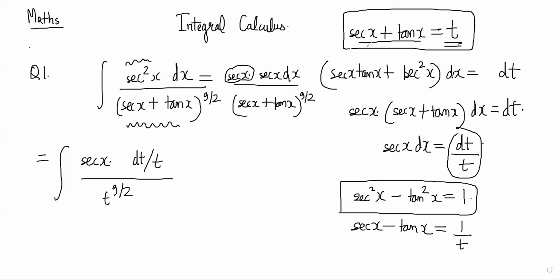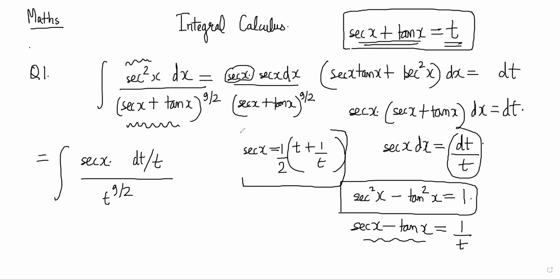So if sec x plus tan x is t and sec x minus tan x is 1 by t, what is sec x? t plus 1 by t divided by 2. So now you put that here.